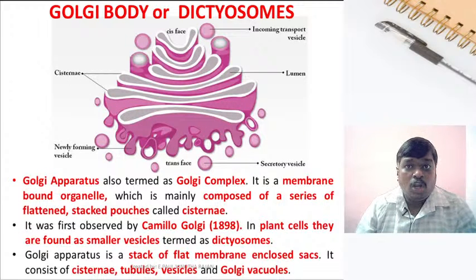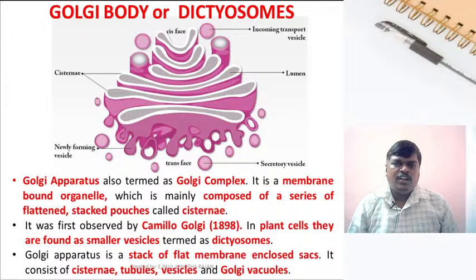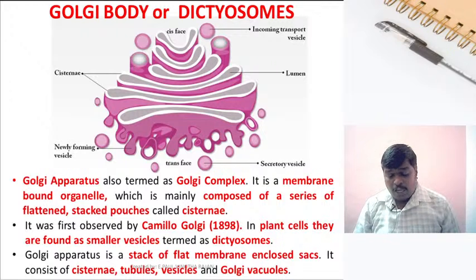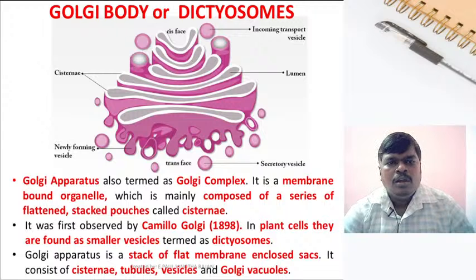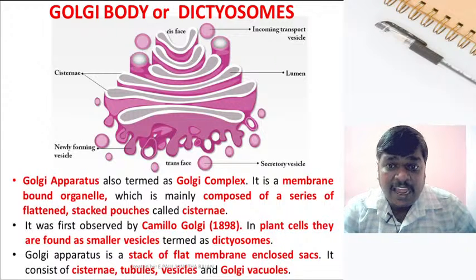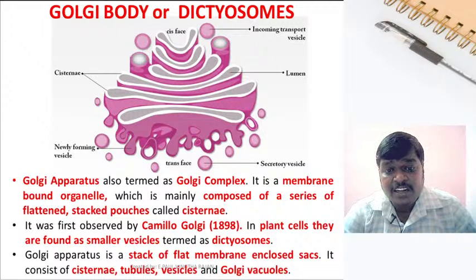Next is about the Golgi body. The Golgi body is also called dictyosomes. This Golgi body was first observed by Camillo Golgi in the year 1898. This is a membrane bounded organelle, and it exists in different forms.